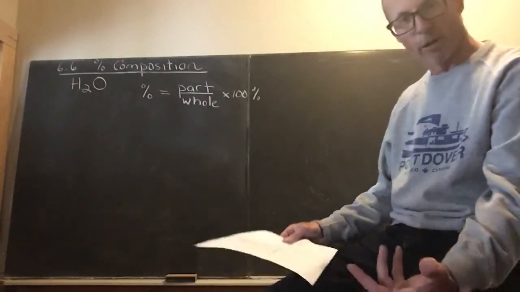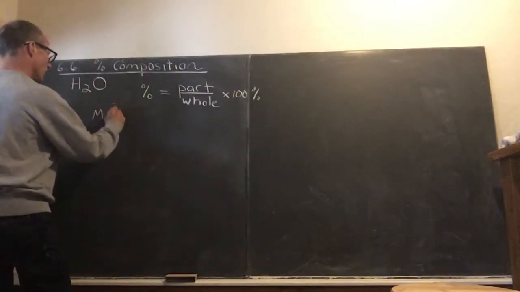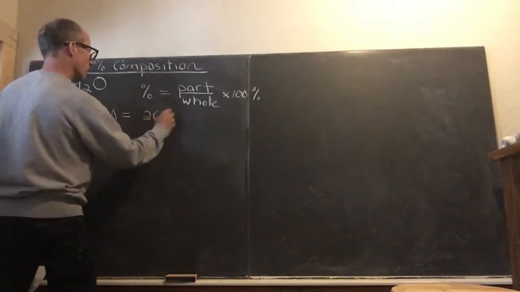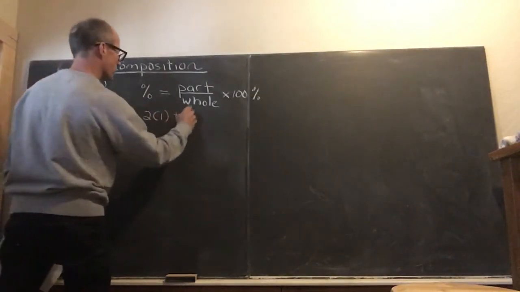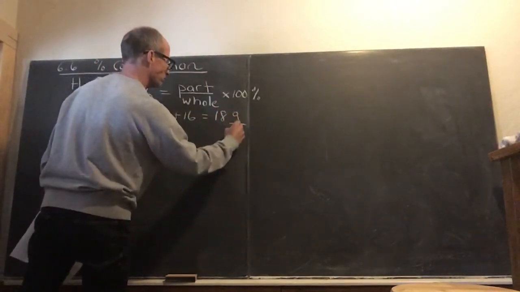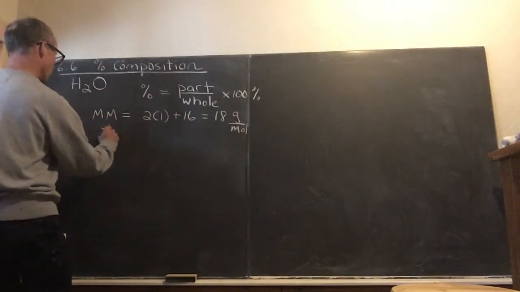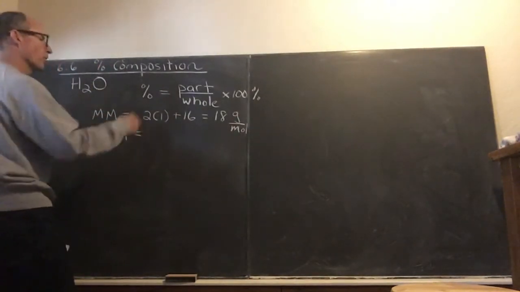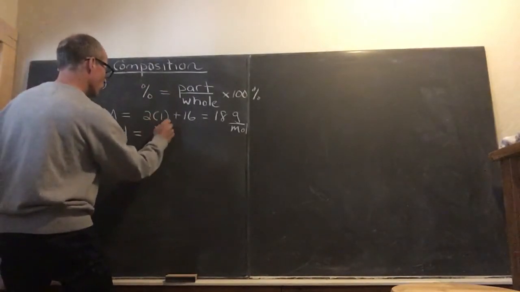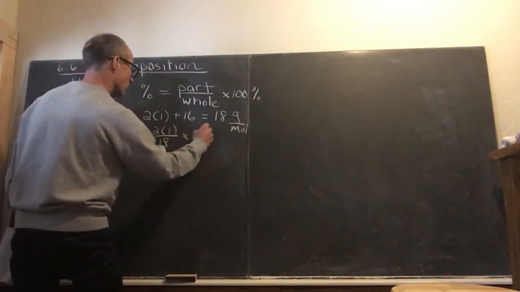And let's take a look at water. Well, we know that the molar mass of water is 2 times 1 for the hydrogens plus 16 for the oxygen, which gives us 18. And obviously the percent of hydrogen would be equal to the part, which is due to the hydrogens, which ends up being 2 times 1, which is 2 of course, over 18 times 100%.